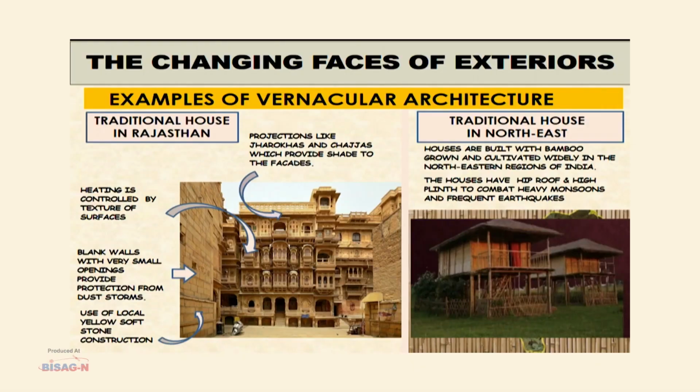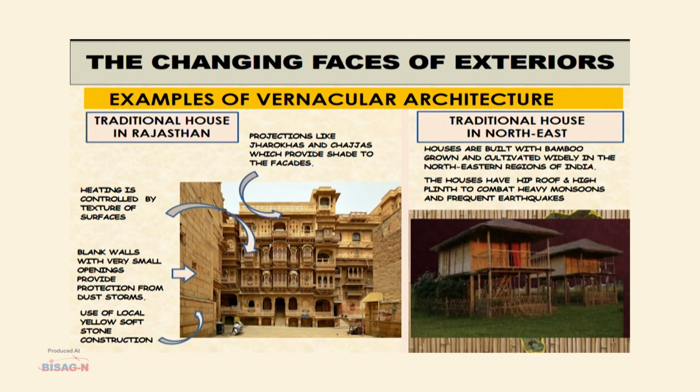So, the work of this time reflects a rich diversity of India's climate, locally available materials and the intricate variation in social customs and craftsmanship. A typical example of vernacular architecture is the traditional houses of Rajasthan, where we can see the projecting jharokas and chhajjas which provide shade to the facades.